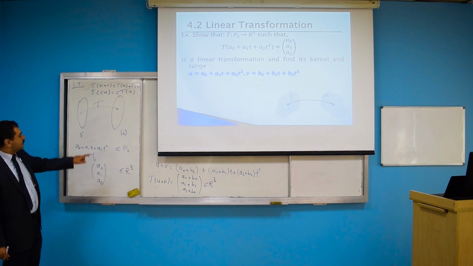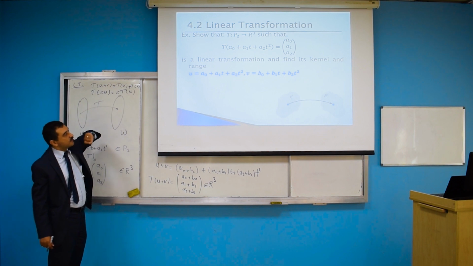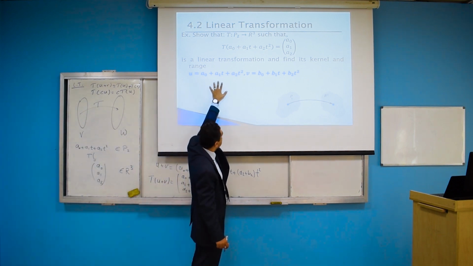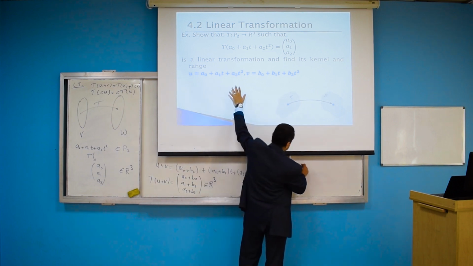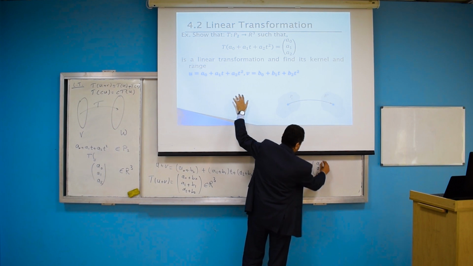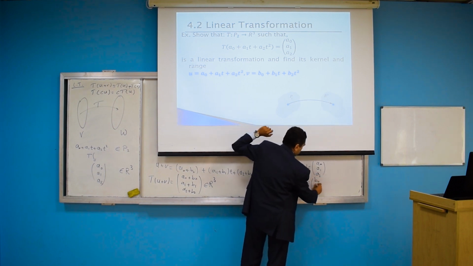And let's check if this is equivalent to transformation of U plus transformation of V. The transformation of U is simply A0, A1, A2, and transformation of V is B0, B1, B2.